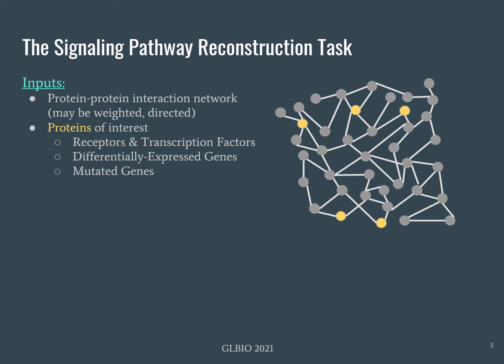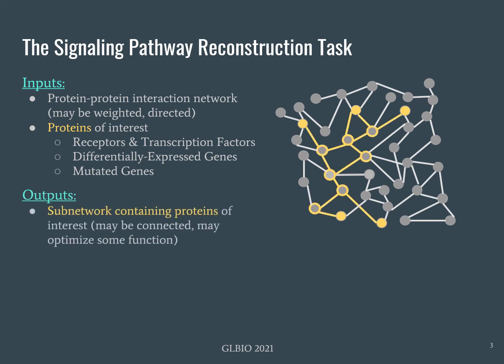We then want to perform the actual reconstruction in order to create this subnetwork. And this step is actually running some reconstruction algorithm in order to create some kind of subnetwork, connecting these inputs that we've picked in step one.